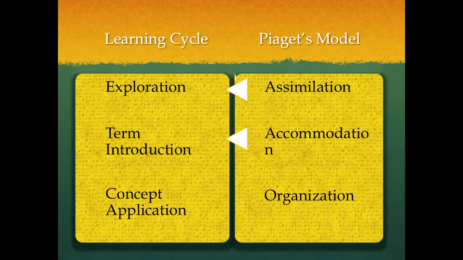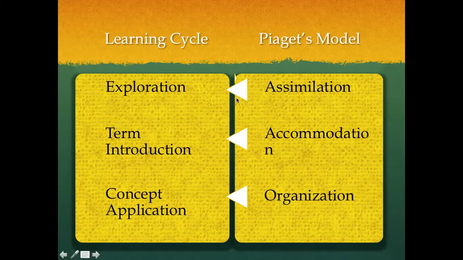And for accommodation, you need to introduce a new term. Then students are going to make a new folder in their brain, and once they make that folder, you need to have another application case. You need to have some activity where students apply what they learn. Then their learning is formally organized.